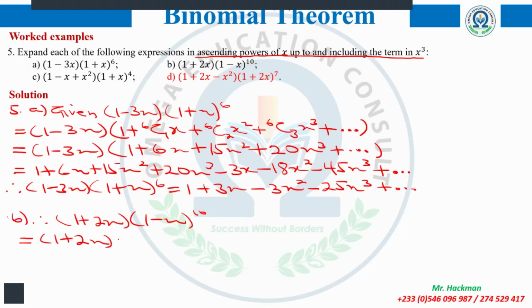Because it's negative, I will introduce brackets, so my outer bracket will be a square. If you expand this, I will get 1 plus 10 combination 1. But your x this time round is not x, it's minus x, so you have to put it in brackets. Is that clear?